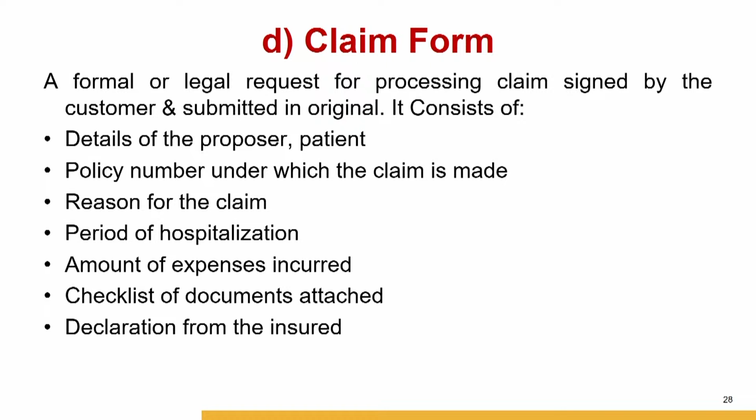It consists of details of proposer, patient, the policy number under which the claim is made, the reason for claim, period of hospitalization, amount of expenses, checklist of documents, declaration from the insured. All these things are part of the claim form. Again, I would like to thank the regulator IRDAI. They have prescribed a standardized claim form, so there is no ambiguity, because every health insurance company or TPA was having a different kind of format. So that is also being done.